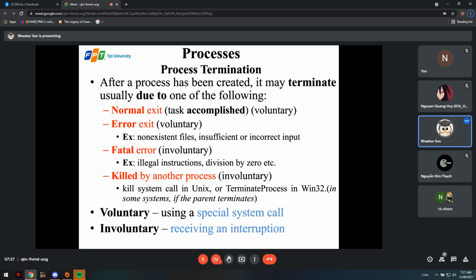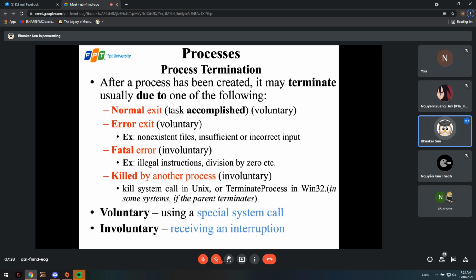That is process creation. Now, when it comes to termination, there are four typical ways that we can terminate a process.